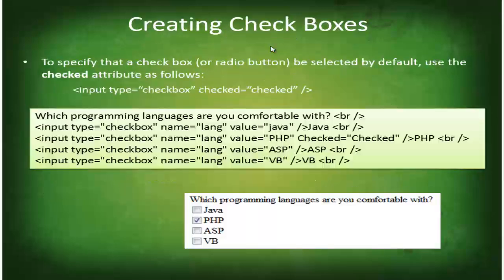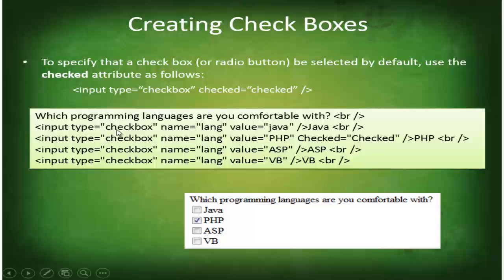One more example, wherein the next one is creating checkboxes. Now, sometimes you have a situation like this, wherein I want a fixed answer, but the answer can be more than one. So the user can submit more than one answer for a given question. For example, if I ask the user which programming languages they are comfortable with, the user can select all of them. They can select one of them, or they can select in any way.